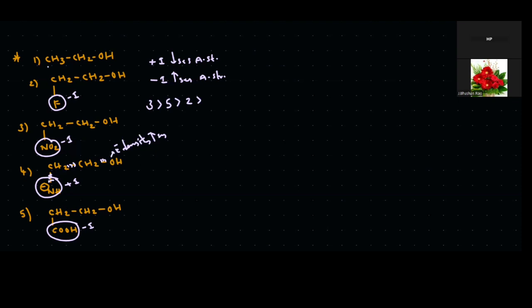If the bond strength increases, it is unable to release the H plus ion, so the acidic strength is least. So the first is more acidic than the fourth case. This is the order of acidic strength of alcohols. This is an important case. By using this, we can identify the acidity of alcohols.